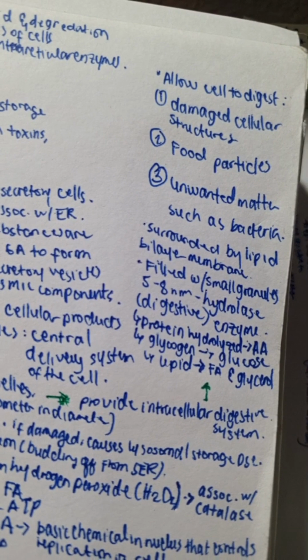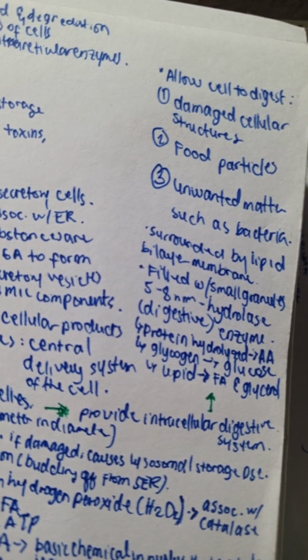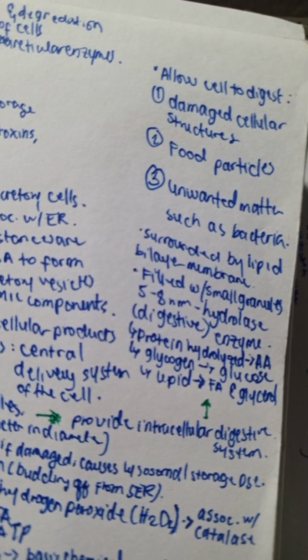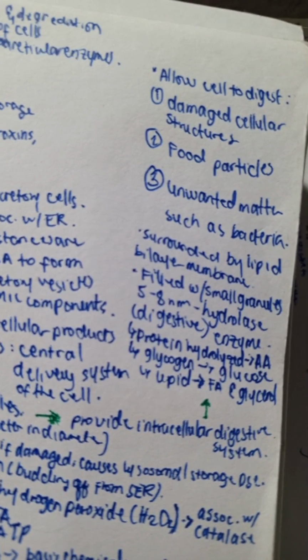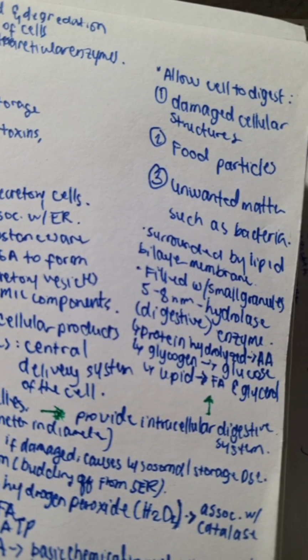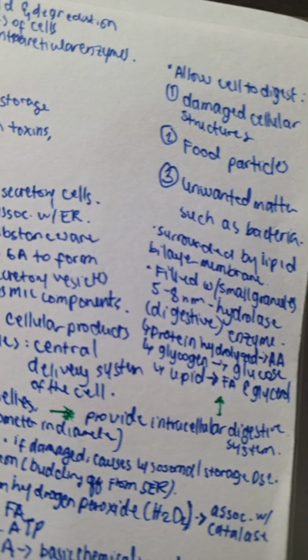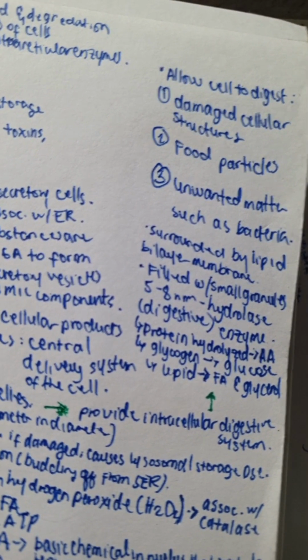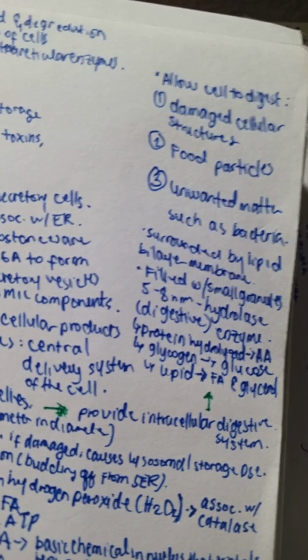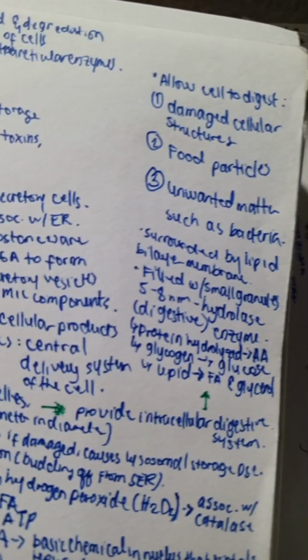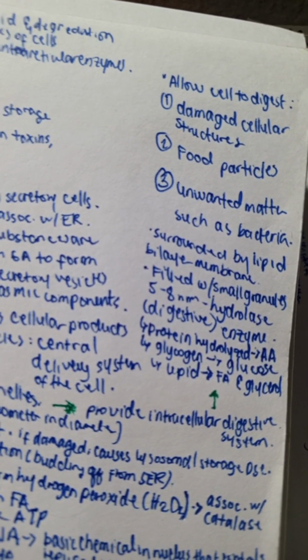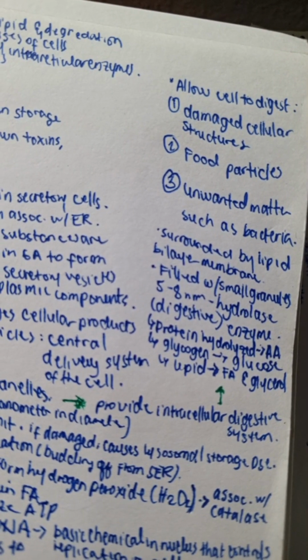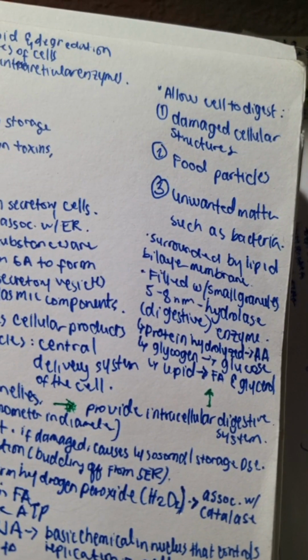It allows the cell to digest three things: first, damaged cellular structures, second, food particles, and third, unwanted matter such as bacteria.